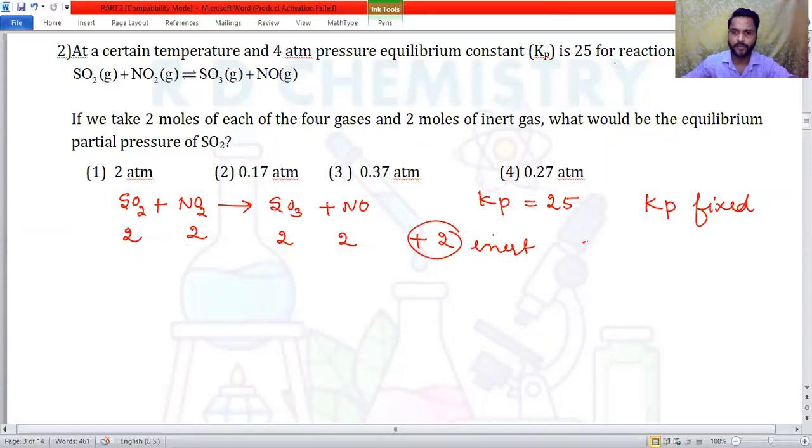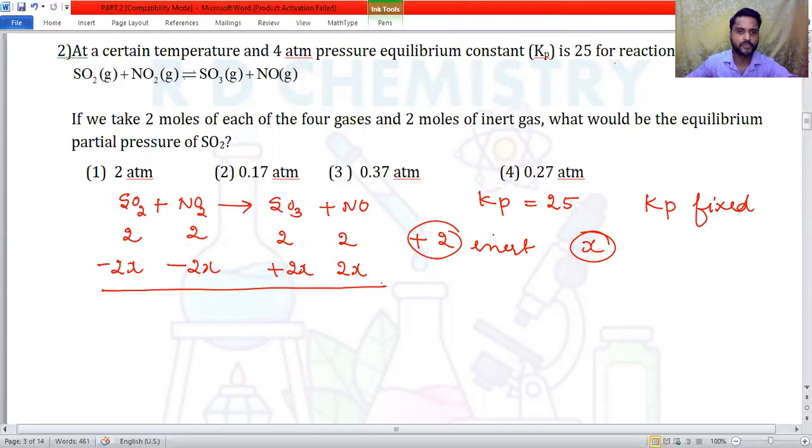Now let me assume X is the degree of dissociation for 1 mole. Therefore, for 2 moles, 2X. 2X decreases for each reactant. On the product side, 2X and 2X increase, because they are in the ratio of 1:1:1:1. So at equilibrium, 2 minus 2X is remaining for both the reactants, and for both the products, 2 plus 2X.